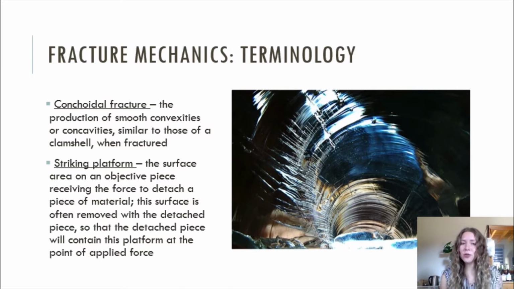This is often removed with the detached piece, so it's usually preserved on the flake itself, and will contain a platform used for the application of force. And you can use this in studying attributes during stone tool analysis. We'll talk about this a bit more next week when we get into flake morphology.